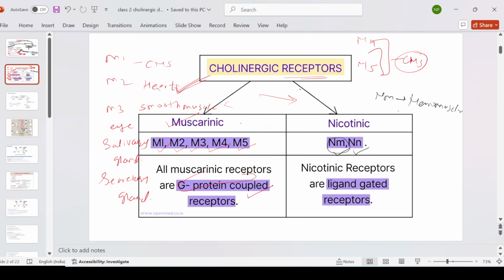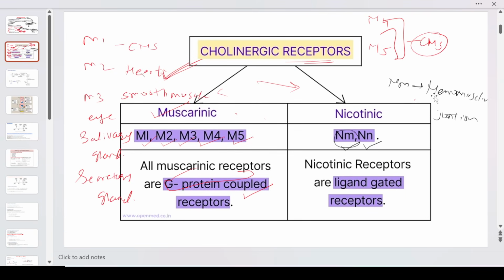NM is present in neuromuscular junction. Then this NN is present in ganglia. Okay, now this NM and NN, these are nicotinic receptors.